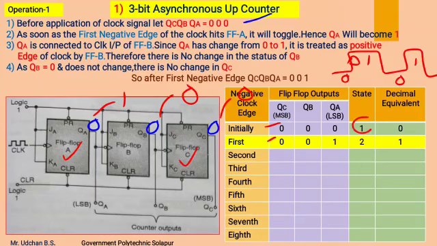The initial condition is numbered as state 1, and the output status after the first negative edge is numbered as state number 2, and their respective decimal equivalents are written over here. So after the first negative edge, we get the output as 0, 0, 1.